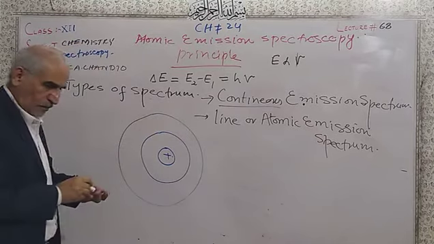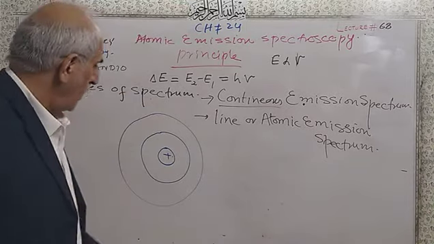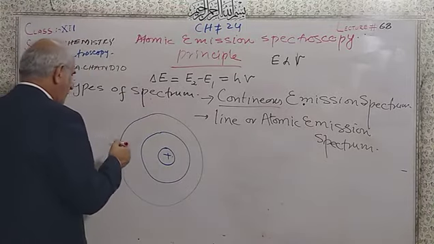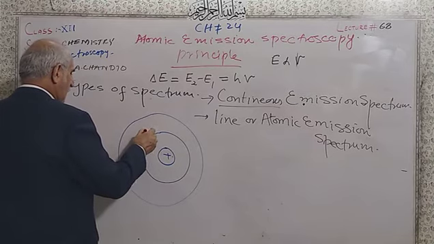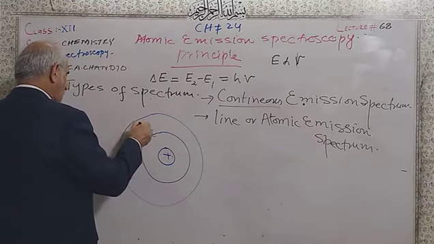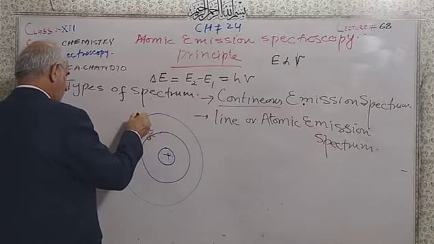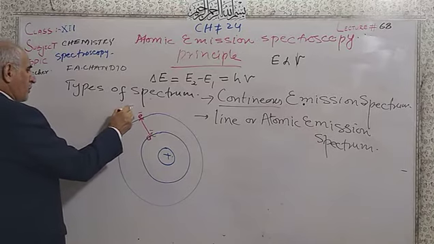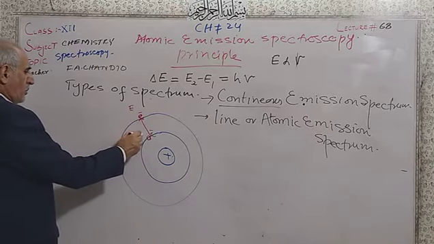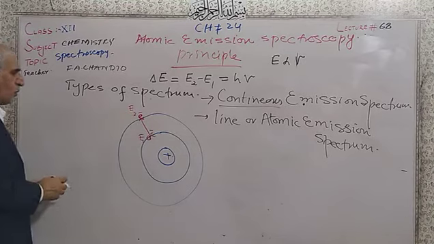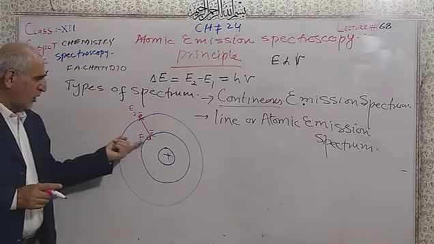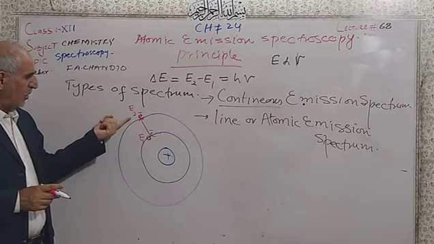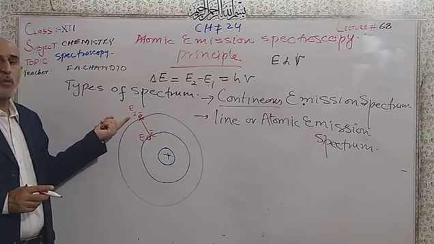Bohr model. Dear students, if an electron is here and it is excited by giving energy, this is the excitation from E1 to E2. The electron jumps from E1 to E2, and it absorbs.